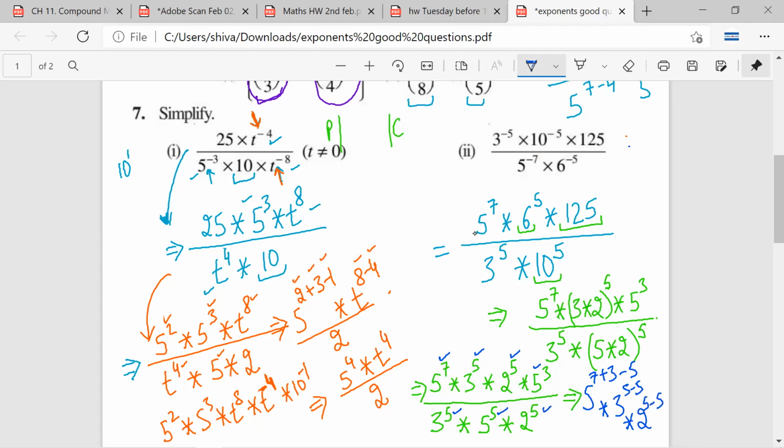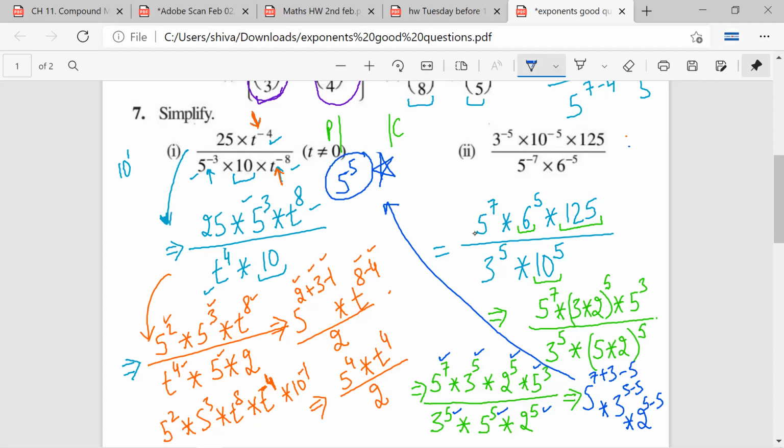Soumya ji, any doubt? No, sir. And I can write this as 5 raised to power 5. This is basically 3 raised to power 0. This is 2 raised to power 0. This is 1. So my final answer is 5 raised to power 5. Aishwarya ji, any doubt?